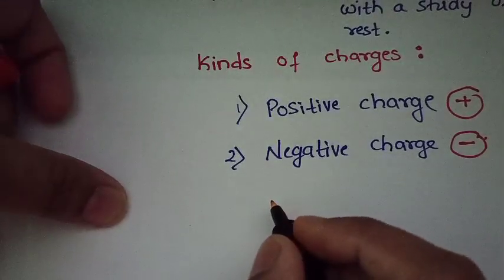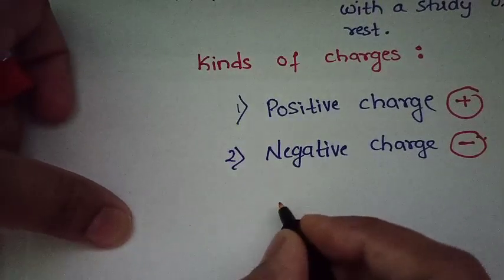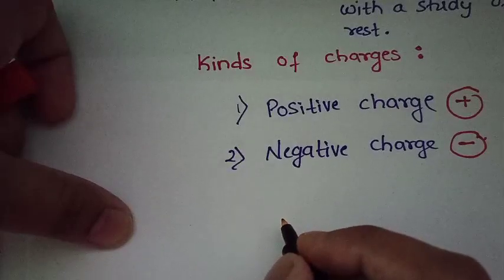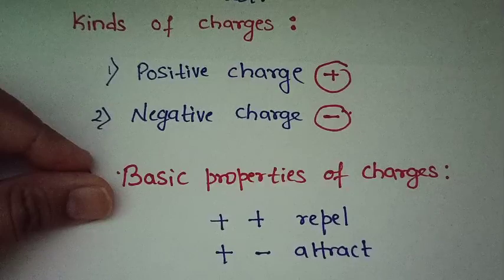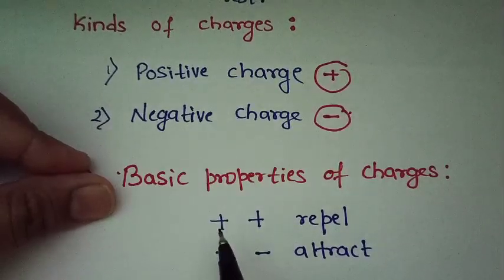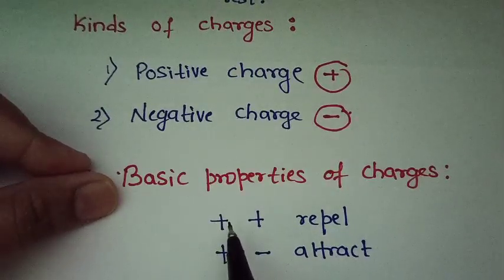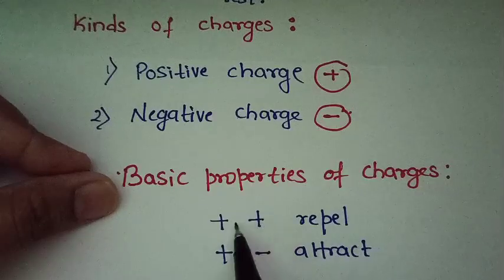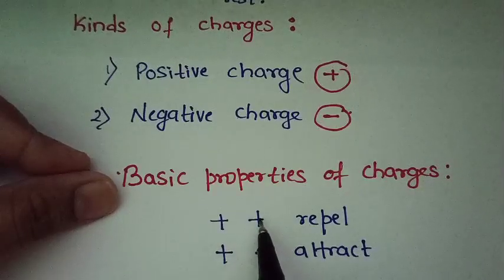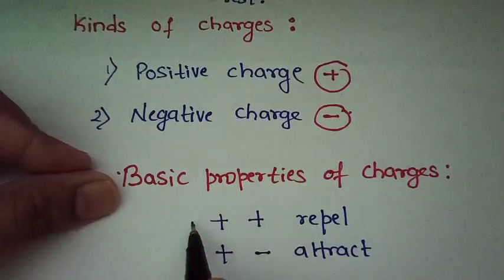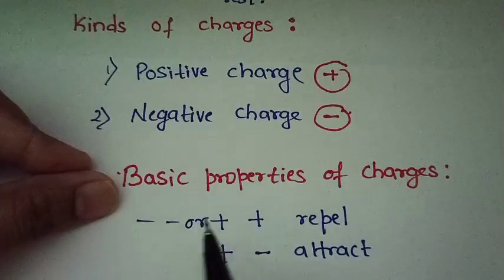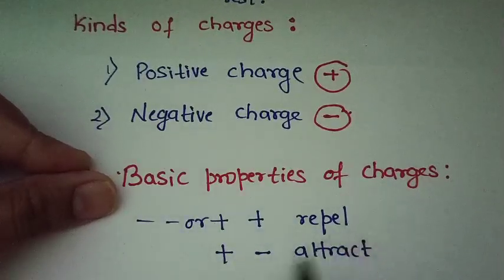Always, same kinds of charges repel, whereas unlike charges attract. So, same charges, whether positive or negative, get repelled, whereas positive and negative charges attract.